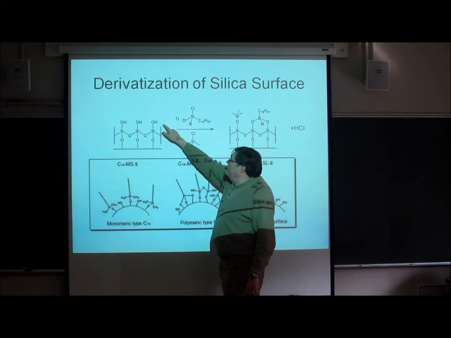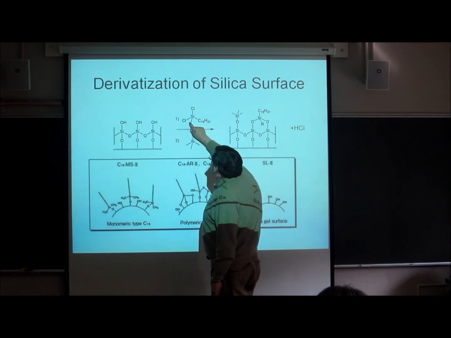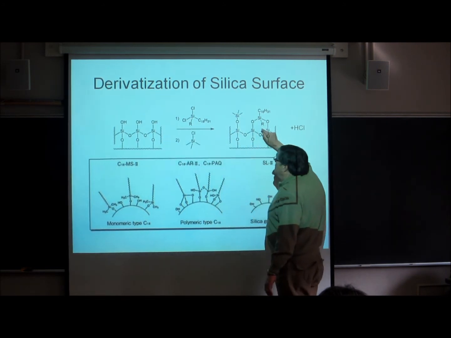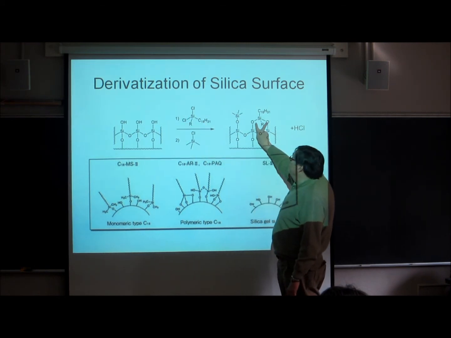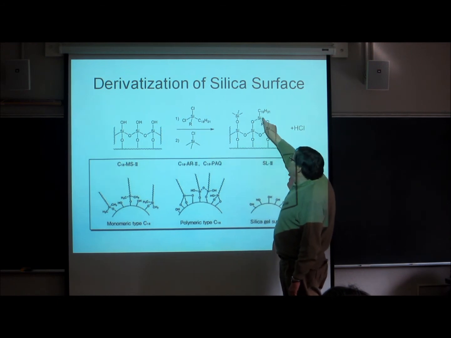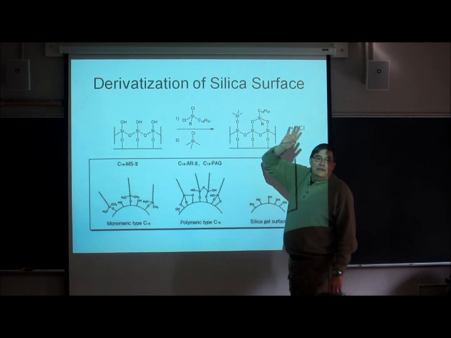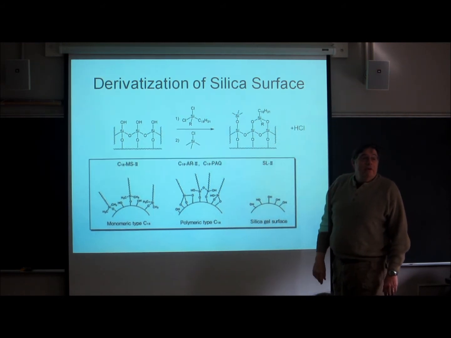And this reacts with the OH to cut out HCl and leave a silicon-oxygen-silicon bond. This one has 2 chlorines on it, and that'll sometimes produce bridging structures like this. And then you see the C18, we don't show it extended, but in your mind's eye, it extends up like a long tail. And that's a very oily group, right?